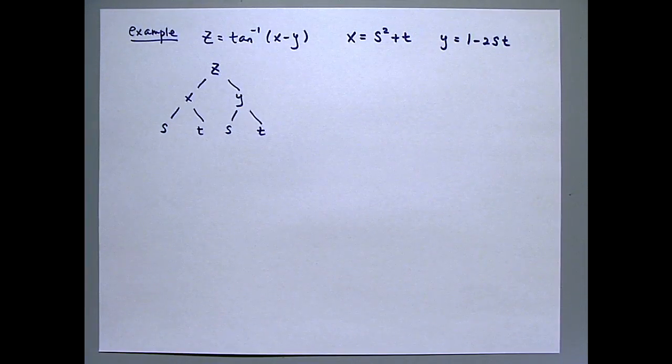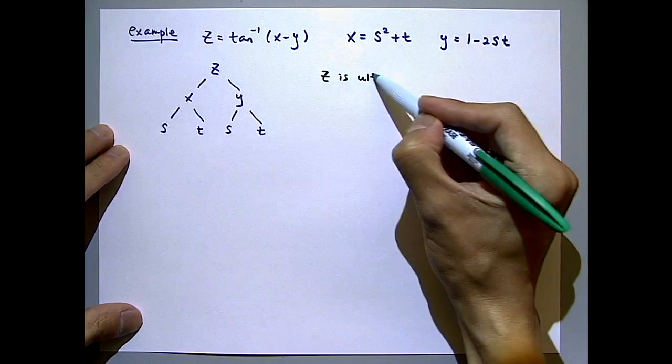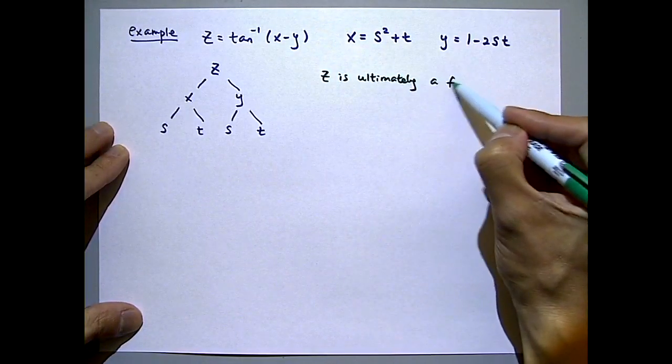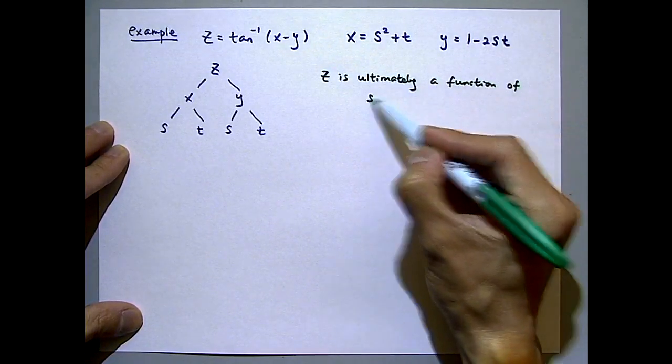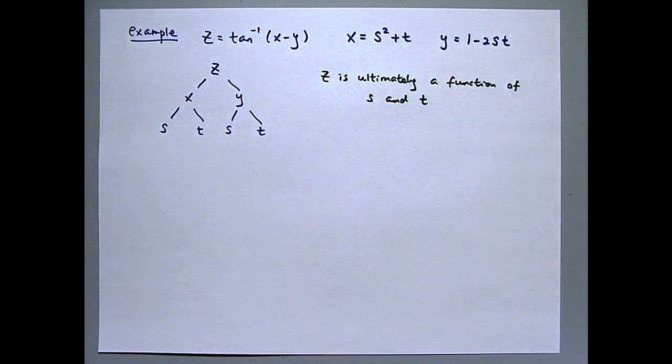So looking at this tree here, z is ultimately a function of s and t. Not directly, because there's an intermediate x and y involved. Whenever s and t are changed, x and y are changed.